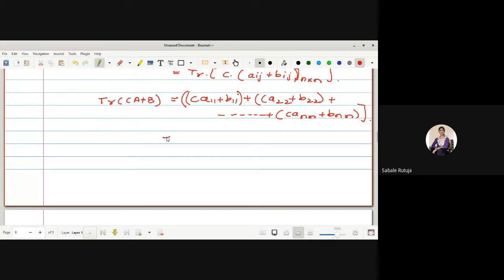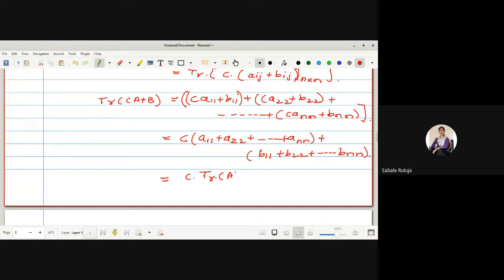Okay, now take C common from this: C into A11 plus A22 plus up to Ann, plus another bracket B11 plus B22 plus up to Bnn.